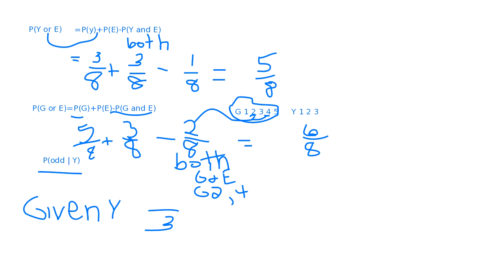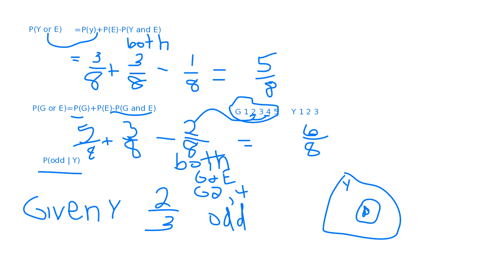Again, the picture for this means when you pick a card in this given situation, you know it's yellow. How many odds are in that yellow set? 2. 2 out of 3. Yay! You got it. So the numerator is odd and yellow.